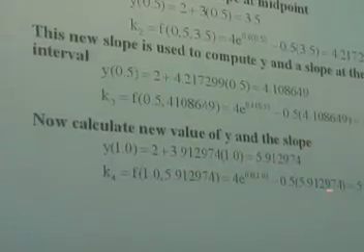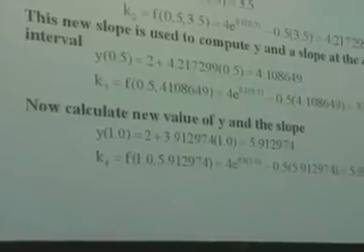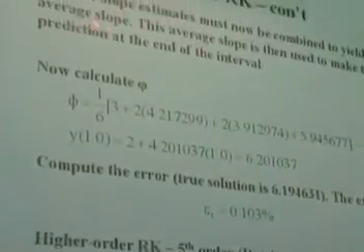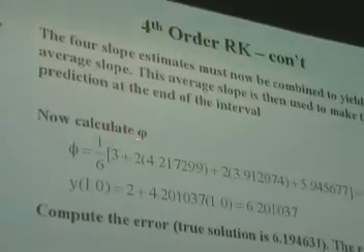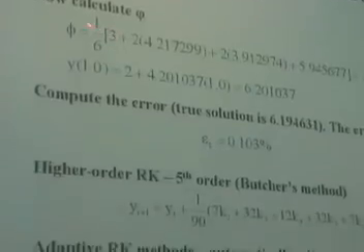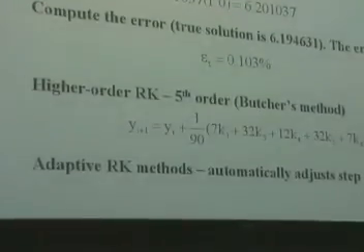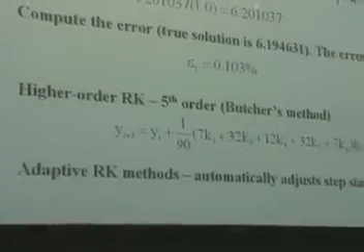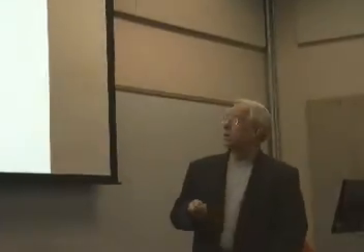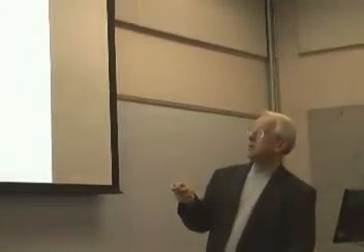Plug that in. 5.94. You now combine them to yield the average slope. Now calculate phi. So, that value, that's the first value in K1. 1, 2, 3, 4. So we get 4.2. Plug that in. Now we're ready.